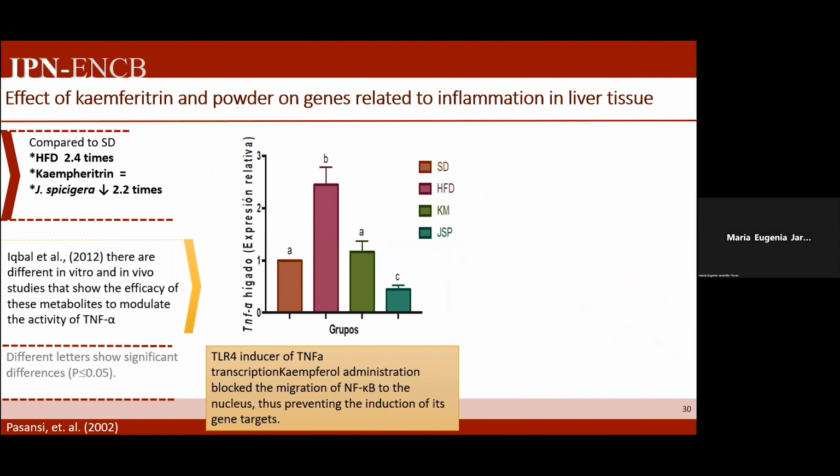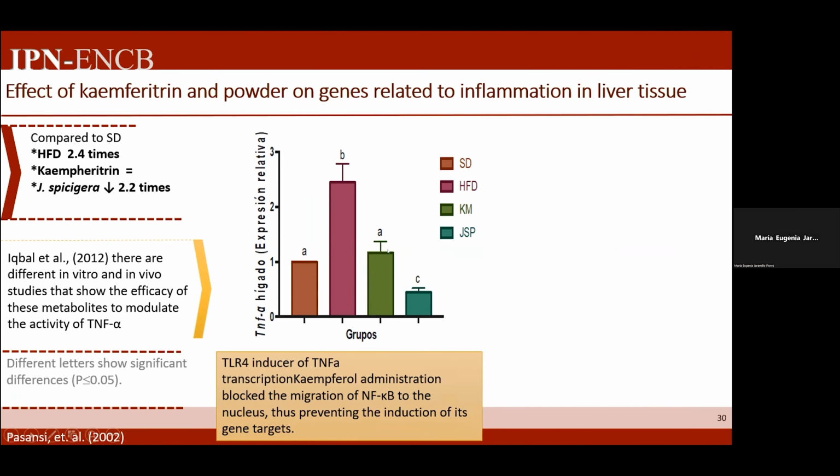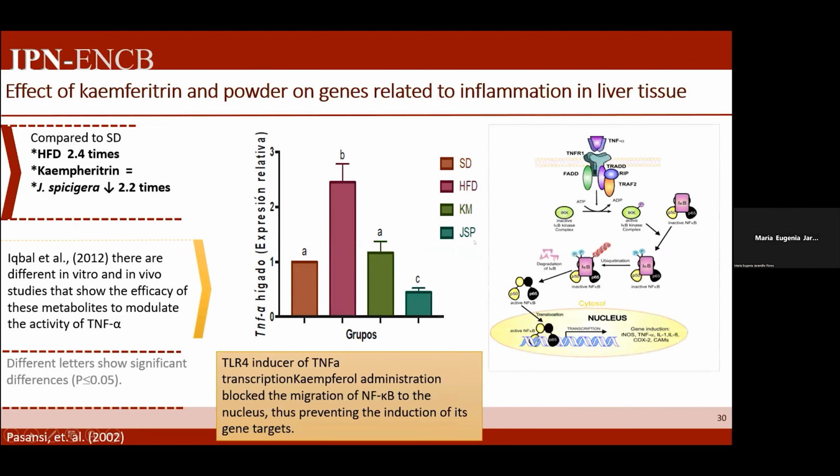In the case of TNF-alpha, an inflammatory protein, the high-fat diet group increased the levels of TNF-alpha, and both treatments with kaempferitrin and Justicia spicigera reduced the levels, but the most important reduction was with the Justicia spicigera plant.